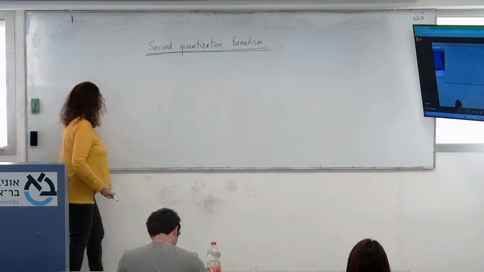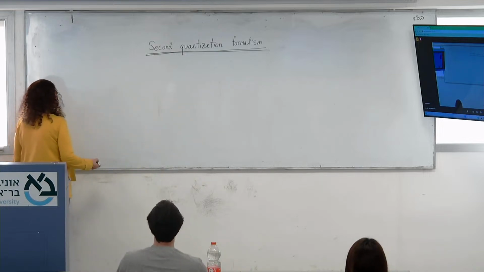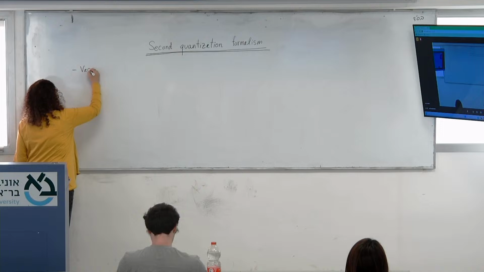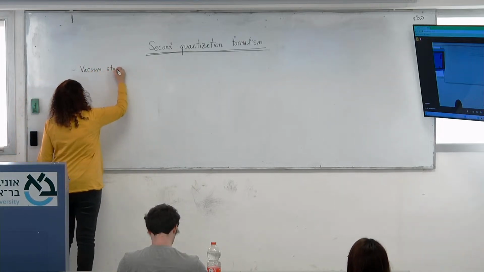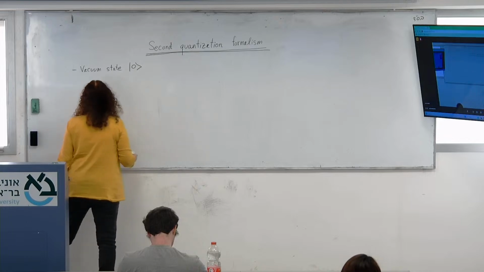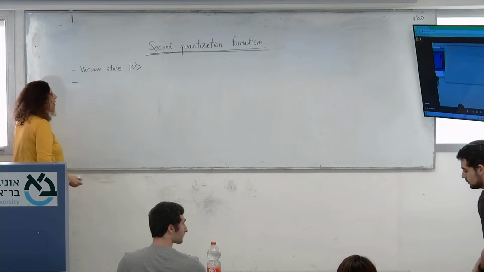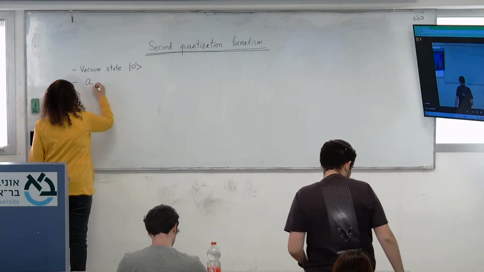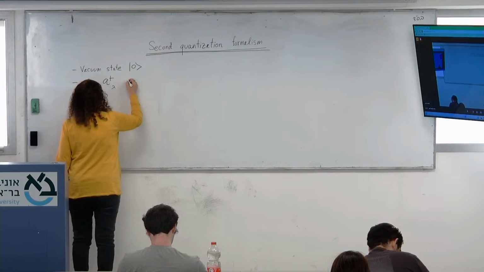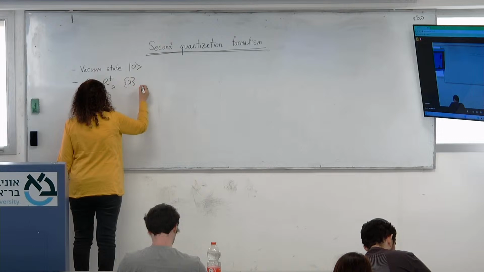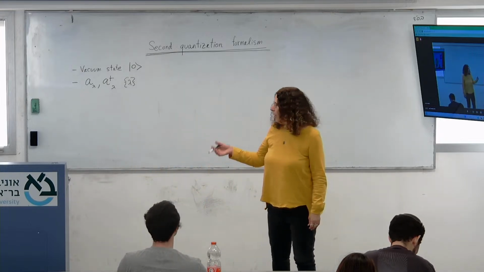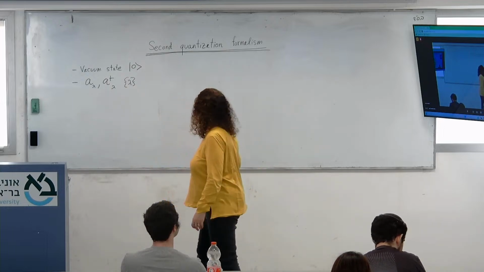So, this description using the second quantization involves defining a vacuum state, which we denote as 0, and with respect to this vacuum state, we define a set of annihilation and creation operators, where lambda are some set of single particle quantum numbers, like momentum, spin, lattice state, harmonic oscillator index.